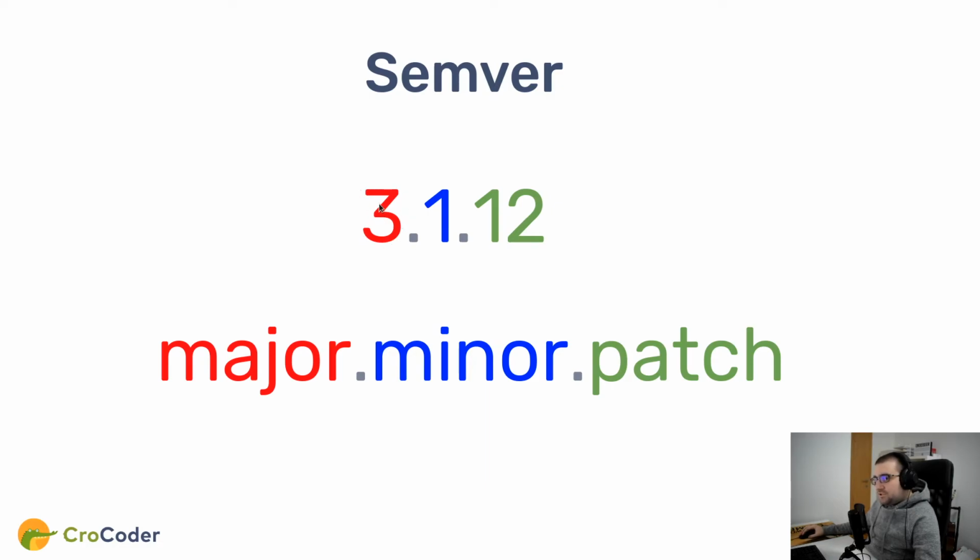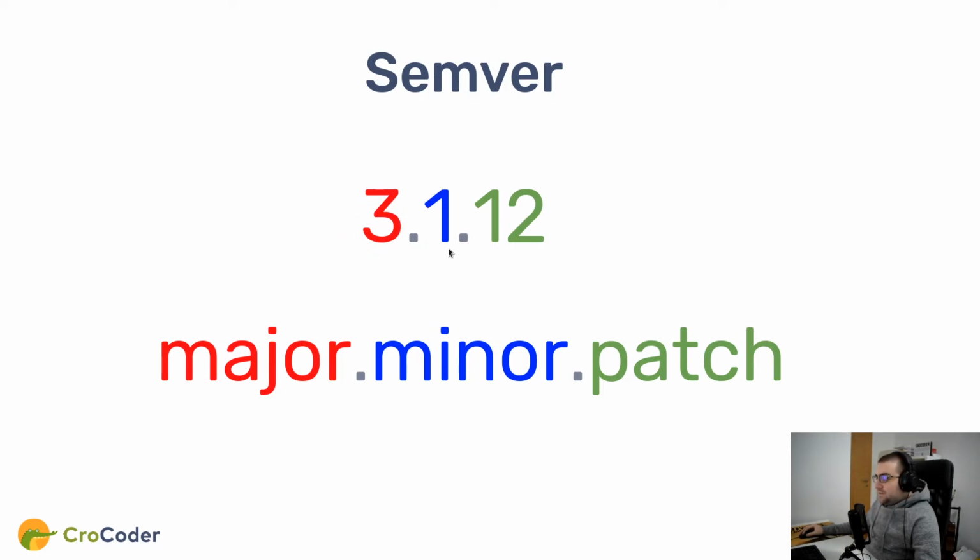Major versions means that changes from one version of code to another were so big that maybe version 2 and version 3 don't work the same way. So we call that major version.